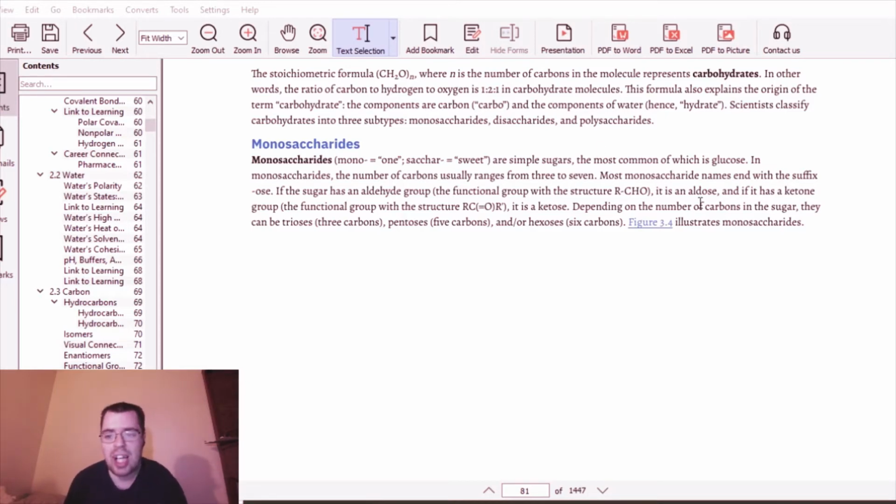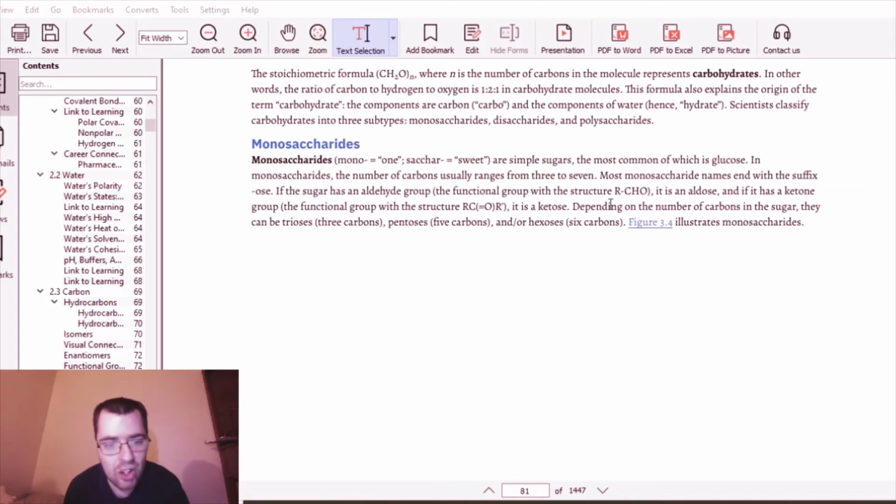Most monosaccharide names end with the suffix -ose, such as glucose, fructose, saccharose, etc. If the sugar has an aldehyde group, the functional group with the structure R-CHO, it is an aldose.